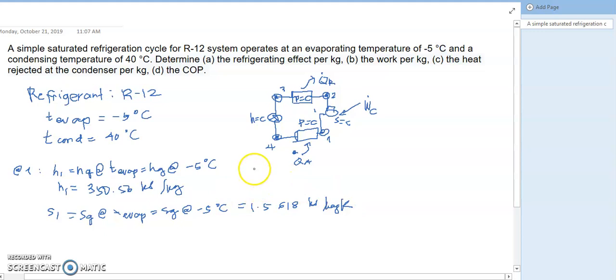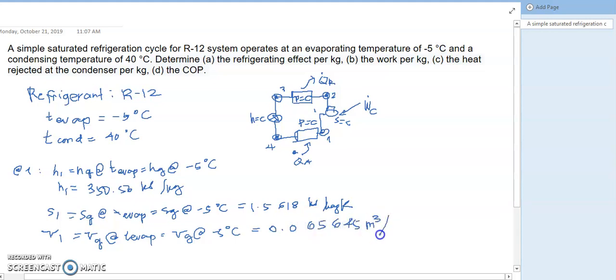Again, I am using ASHRAE. I will also look for the specific volume at point 1. Again, this is V sub G, the saturated vapor condition at T evap. So, that is V sub G at -5 degrees Celsius, which is equal to 0.0654645 cubic meters per kilogram of the refrigerant.